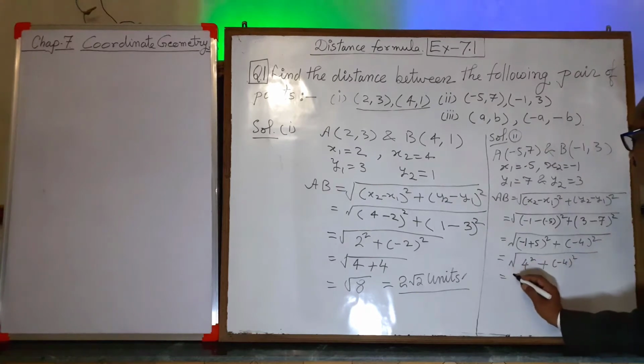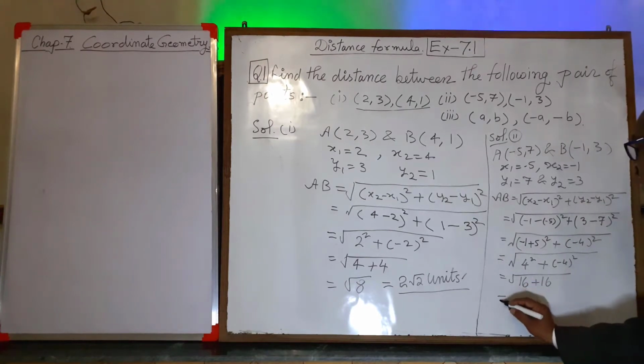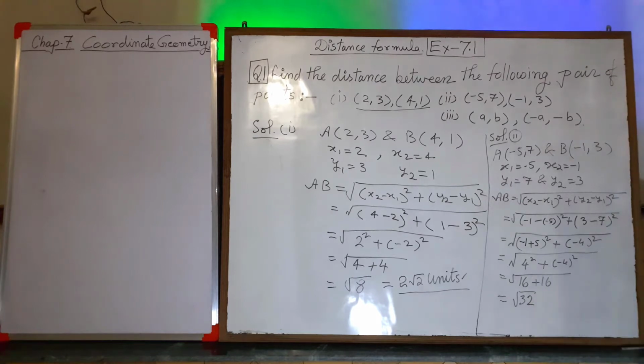You can write its value 16 plus 16. That is under root 32. And this can be written as root of 16 times 2, and square root of 16 is 4. So 4 root 2 units is its answer. So 2 parts completed. Now let us see about its third part.